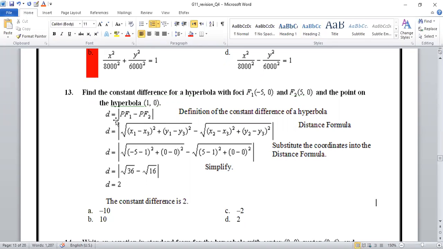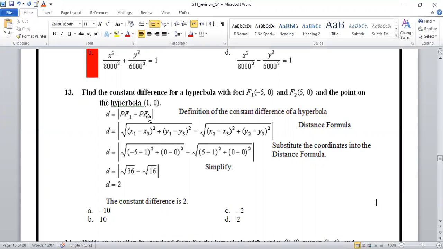From the definition of the constant difference of a hyperbola, d equals BF1 minus BF2: the distance between the point and the first focus minus the distance from the same point to the second focus. Using the distance formula, BF1 equals the square root of (-5 minus 1) squared plus (0 minus 0) squared.